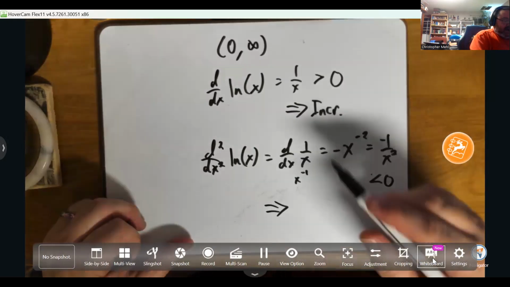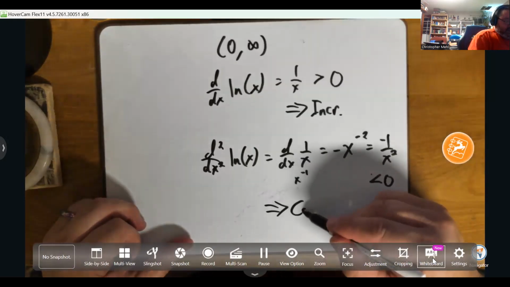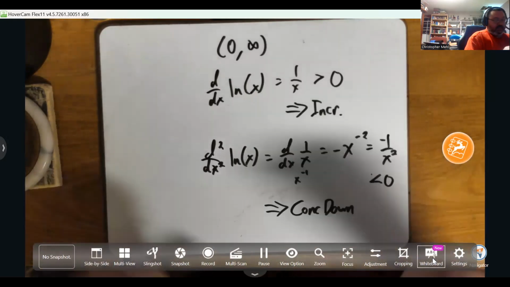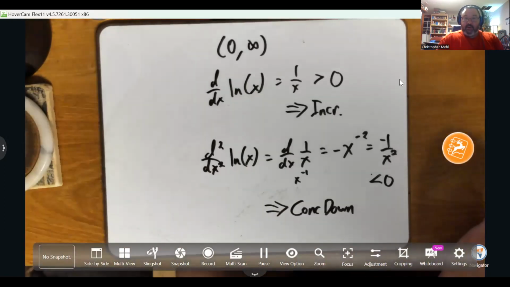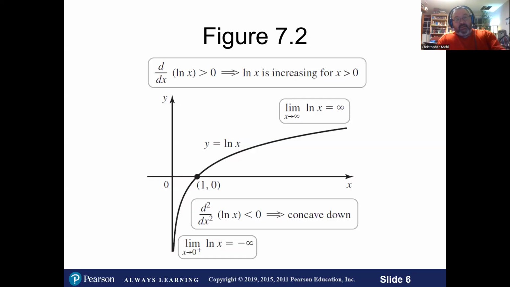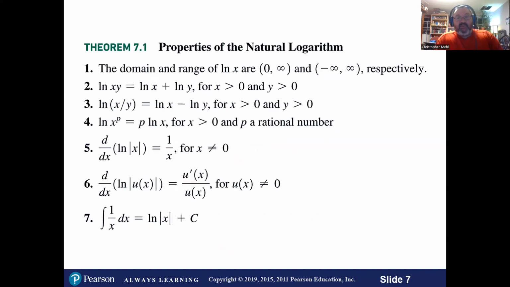And so that implies on its domain that we are concave down. Okay, that's our second derivative test, if you remember from Calc 1. So concave down everywhere also.